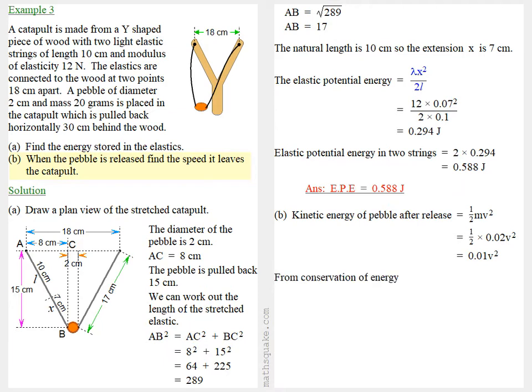So from conservation of energy we have 0.01 v squared equals 0.588. If we multiply both sides by 100, we get v squared equals 58.8, or v is the square root of 58.8, which is 7.668. And so we have the speed of the pebble after it's released from the catapult is 7.67 meters per second.